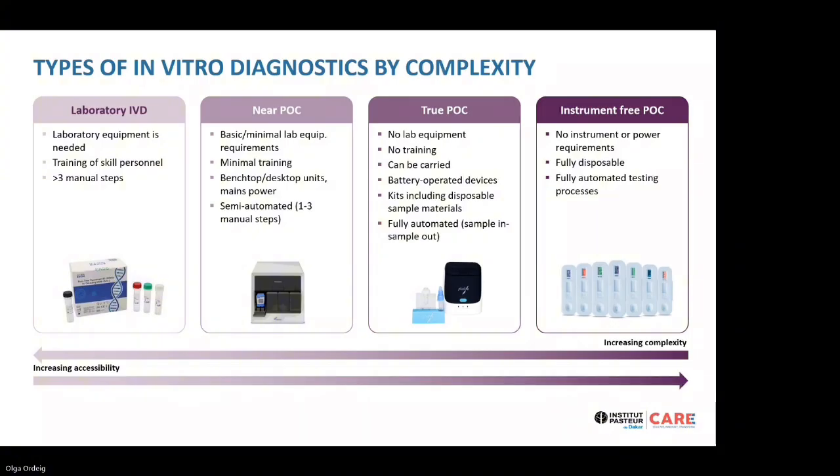This is probably the first type that can be decentralized from the laboratory and get closer to the people. And the last one, we call instrument-free. That will be the lateral flow test. These are fully disposable devices that do not require power and are very simple to use. We are all very familiar with them, especially through COVID.